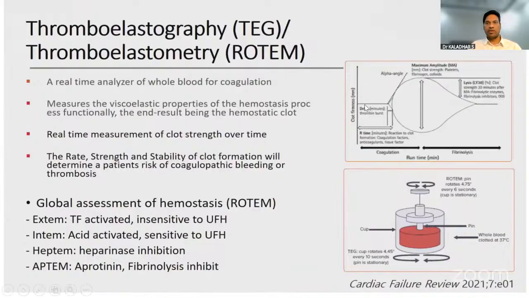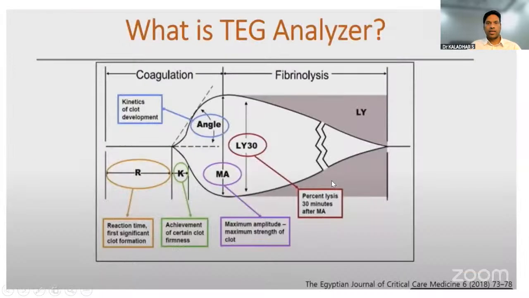So in TEG, what we look at is R time, the reaction time to clot formation, alpha angle, maximum amplitude, which shows clot strength and is an indirect reflection of platelets and fibrinogen, and lysis 30, which indicates the fibrinolysis mechanism. So this is the TEG analyzer.